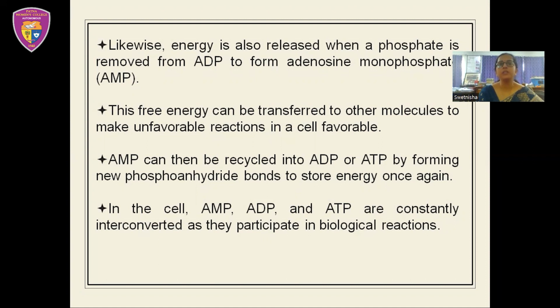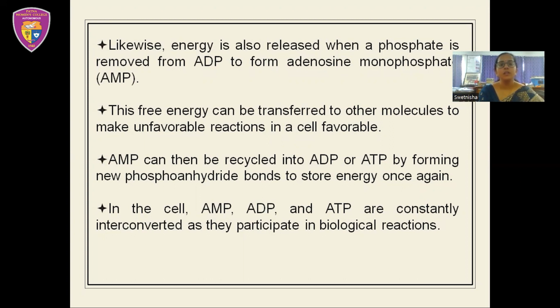Now, when you study any biological pathway, any biochemical pathway, you will see that there are certain steps in those pathways that are coupled with the breaking of ATP into ADP. You will find that many steps in every biochemical pathway are coordinated with the conversion of ATP to ADP.